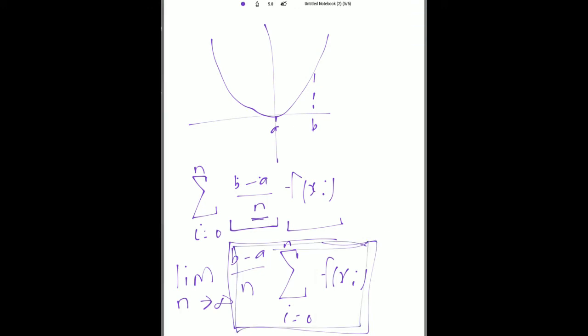Let's look at this example. Let's find the area under the curve x squared between 0 and 3. So, as I said, it's the limit of (b minus a) over n times the sum of f of xi from i equals 0 to n as n approaches infinity. So we have the limit as n approaches infinity of (b minus a) over n.